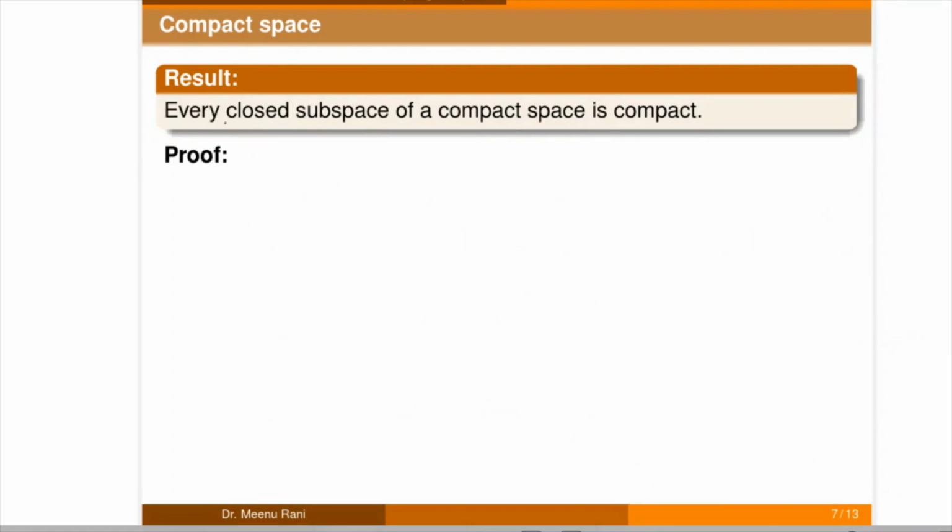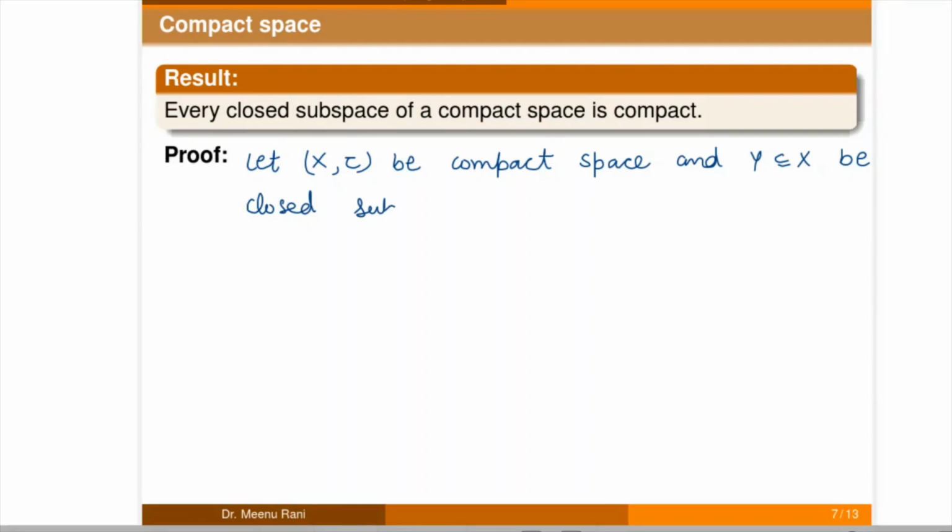Next result: every closed subspace of a compact space is compact. For the proof, let X be a compact space and we take any subspace of X, that is Y, which is a closed subspace. Then we have to prove that Y is a compact space.